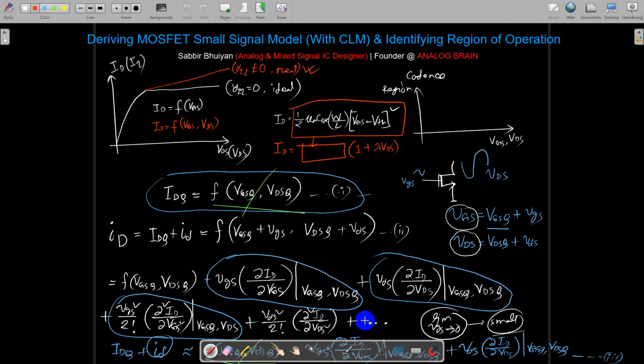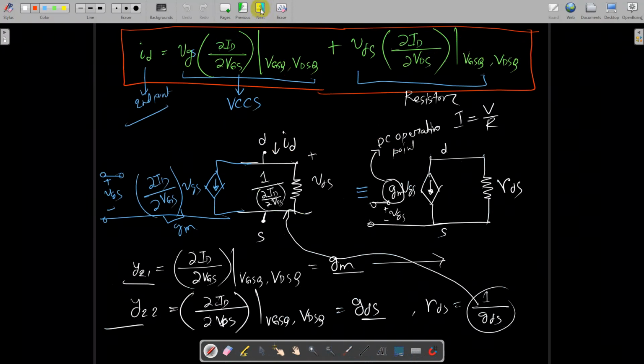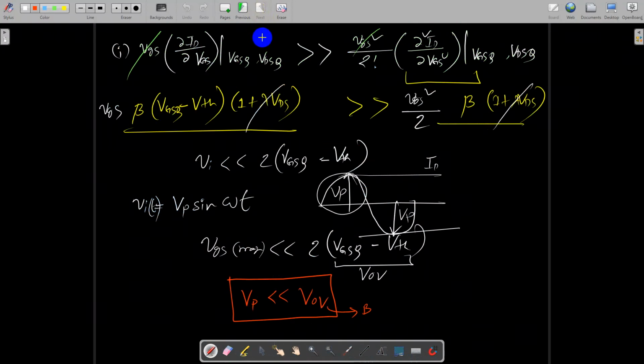We already know MOSFET is non-linear, but for faithful amplification we don't want those non-linearities, we want linearity, and linearity is our ultimate goal. So to have that linearity we have to apply a signal that is small for this MOSFET, and this is relative to your overdrive.